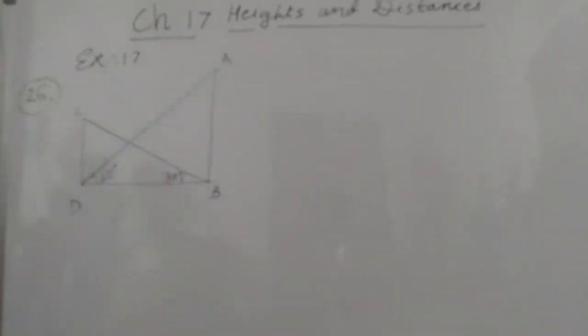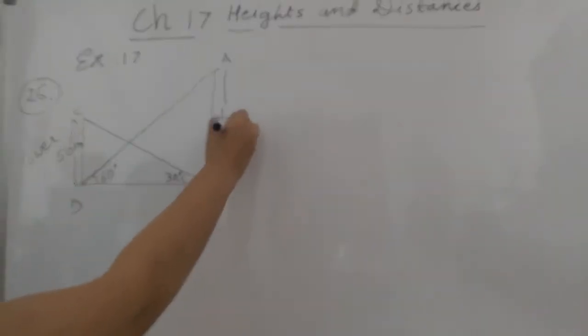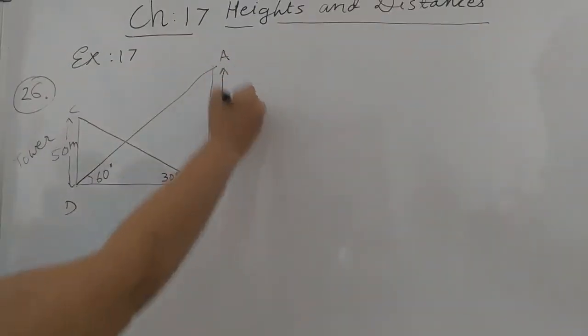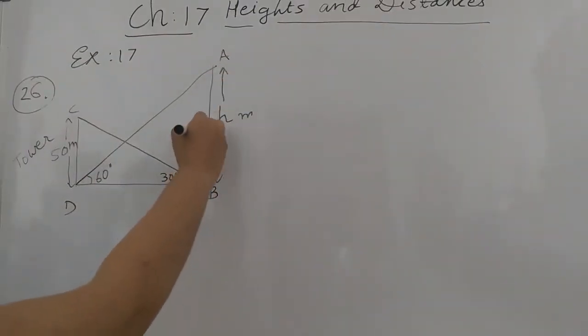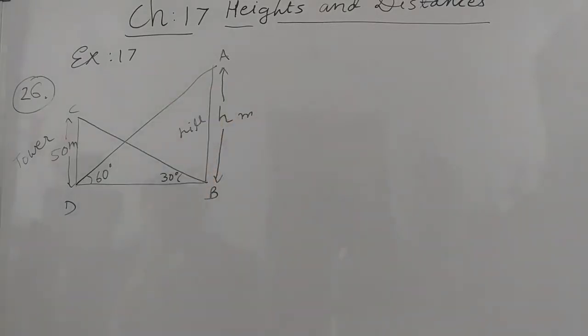Whenever a figure is given to you, your work will become easier. Here 50 meter is the tower given to us, and here is the hill whose height is taken as h meter. So this is the hill AB. This way we have drawn our figure.